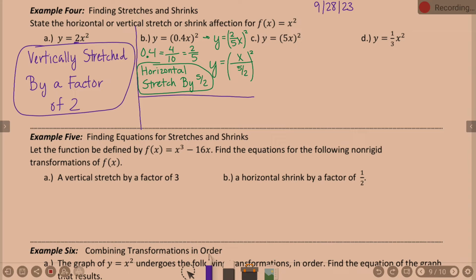0.4x quantity squared. If we applied that squared, how would this be written? Does that make sense what I'm asking? X would still be, it'd still be x squared, right? But what would have to happen to the 0.4?